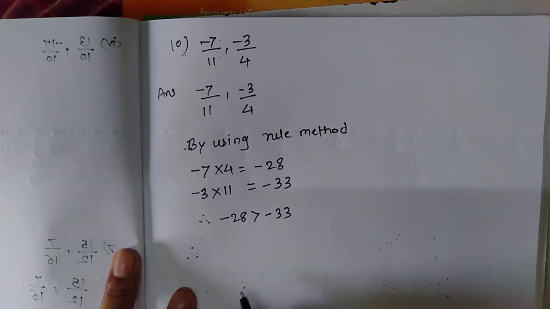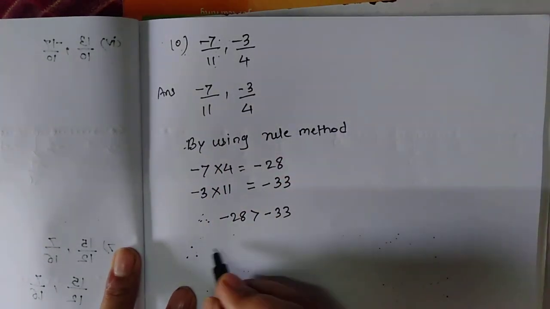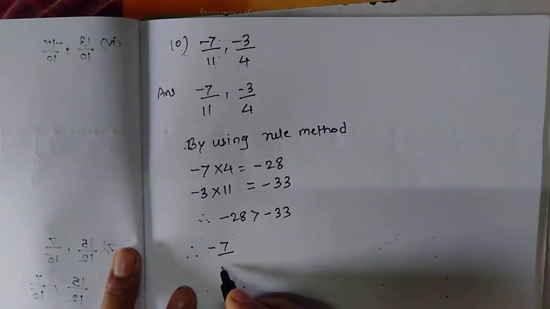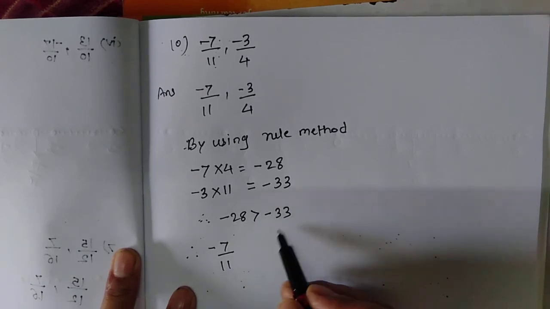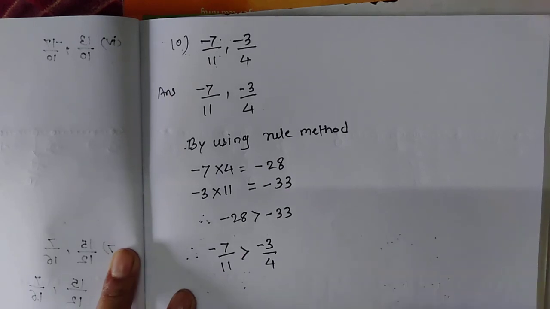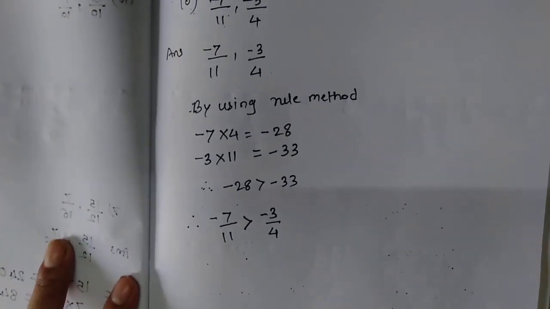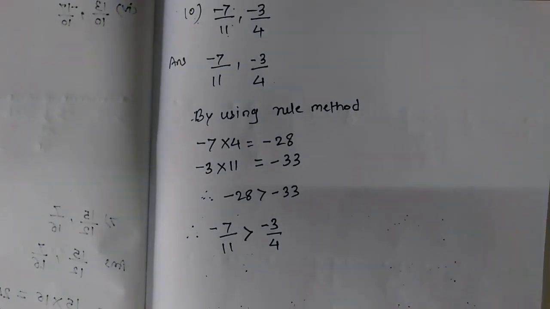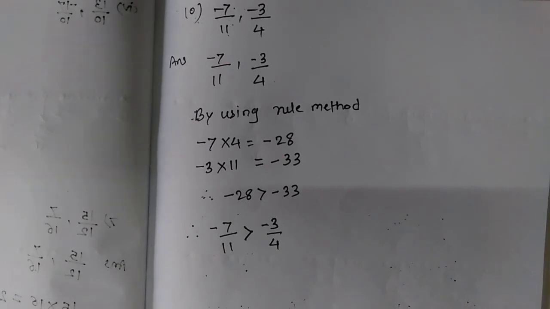So therefore minus 7 upon 11 is greater than minus 3 upon 4. This is the answer. So here practice set 1.2 is finished. Thank you.